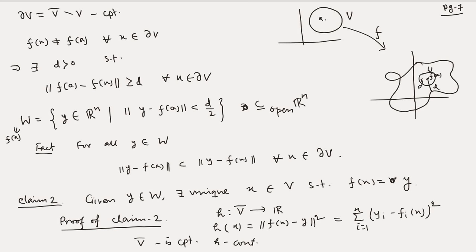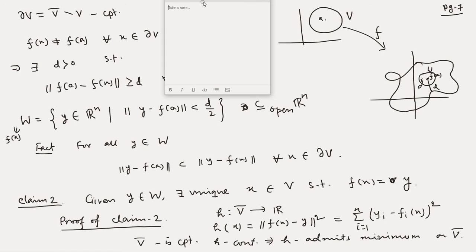Therefore the function H admits its minimum on V closure, that is, there exists some x such that H(x) is less or equal to H(x prime) for every x prime in V closure.